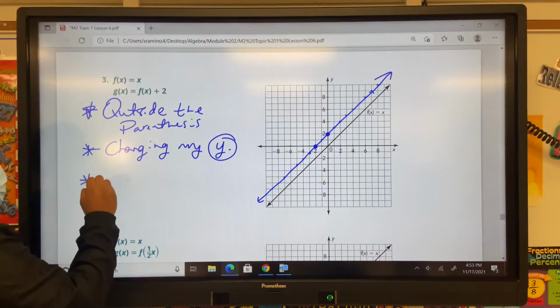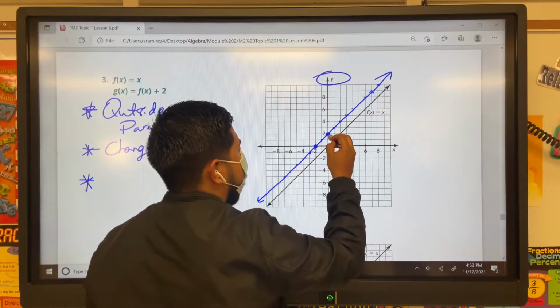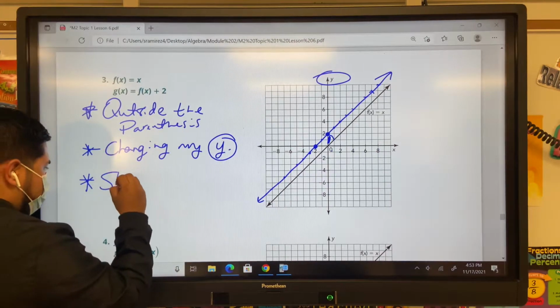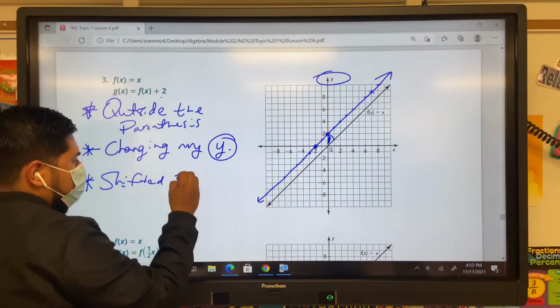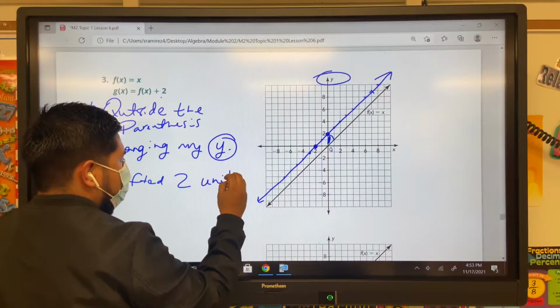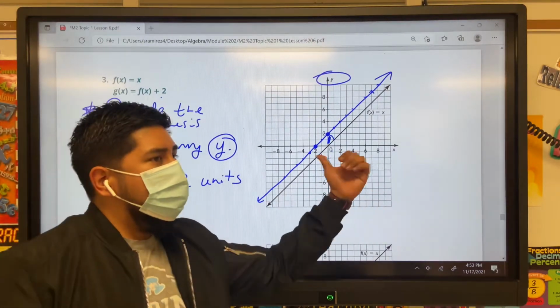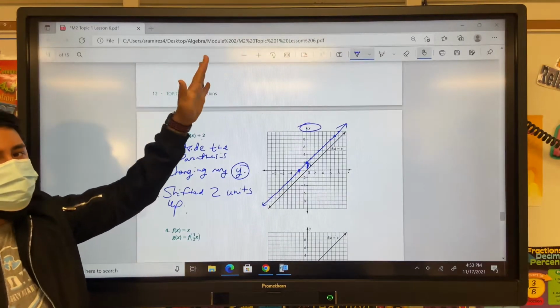So since it is changing my y, and this is my y, it shifted up. Shifted 2 units up. Okay? We could say it went left only if it was in parentheses, if it's touching the x.